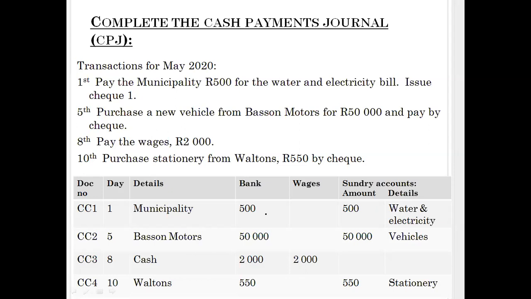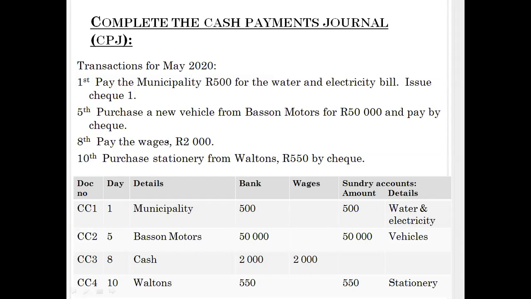The amount is 500 Rand in bank because you pay it out of the bank account. And it's for water and electricity. There's not a column for that, so then it goes to sundry accounts, 500 Rand, and you say what it is for: water and electricity. So before we go on, you can see the amounts will be every time in bank and then for what it's going to be.